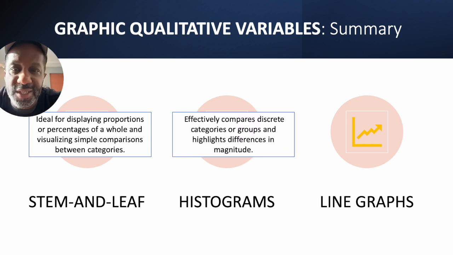We took a look at histograms, where we're taking a look at data in bins or different buckets. And the buckets are designed so that each score can only be in one bucket. And the buckets allow you to see the shape of the data.